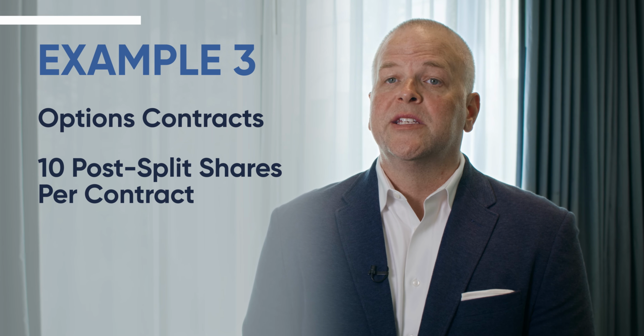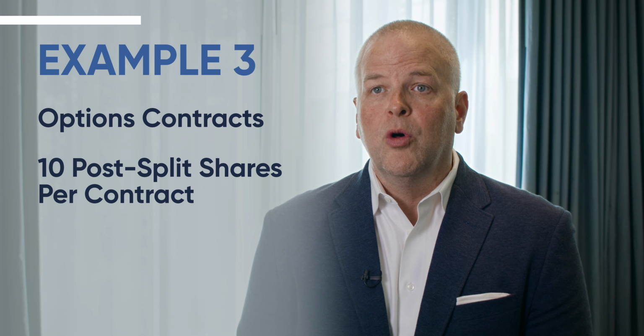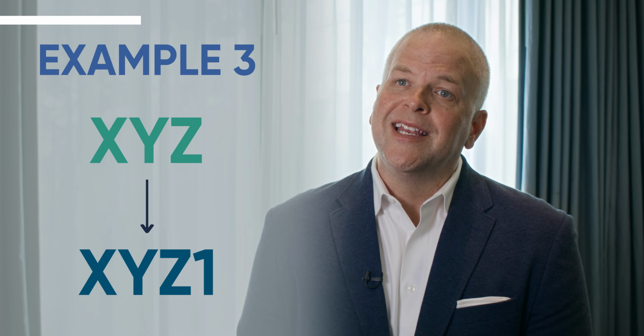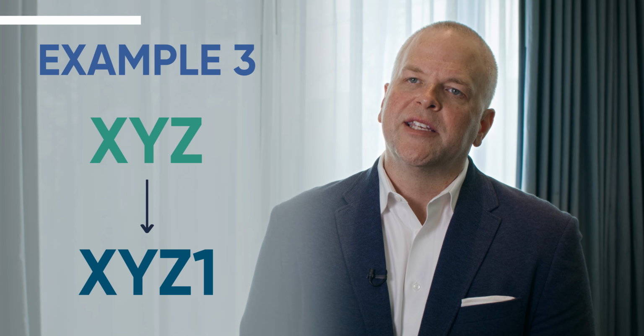Aside from the adjusted deliverable, the trading symbol also changes from XYZ to XYZ1, with the numerical suffix indicating that the contract is an adjusted option. However, no other changes would be made as the number of contracts, contract strike price, and contract multiplier all remain the same. Additionally, nothing changes from an economic perspective at the effective time of the reverse split either.